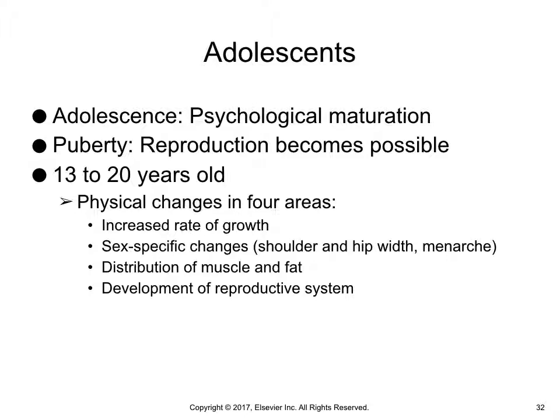Girls attain 90% to 95% of their adult height by menarche, or the onset of menstruation, and reach their full height by 16 to 17 years of age, whereas boys continue to grow taller until 18 to 20 years of age. Fat is redistributed into adult proportions as height and weight increase, and gradually the adolescent torso takes on an adult appearance.